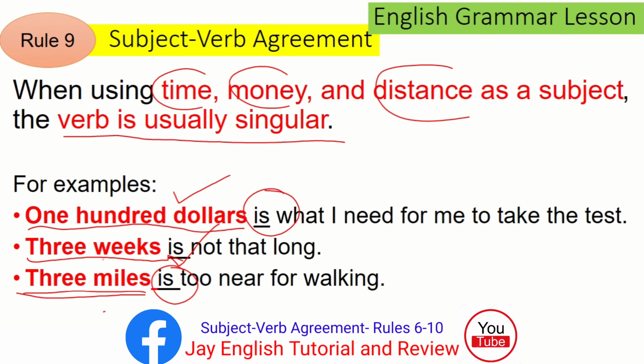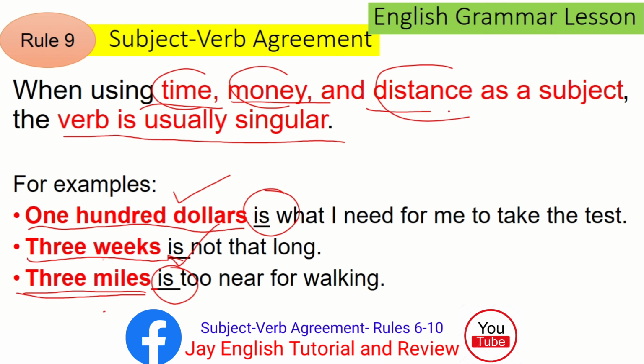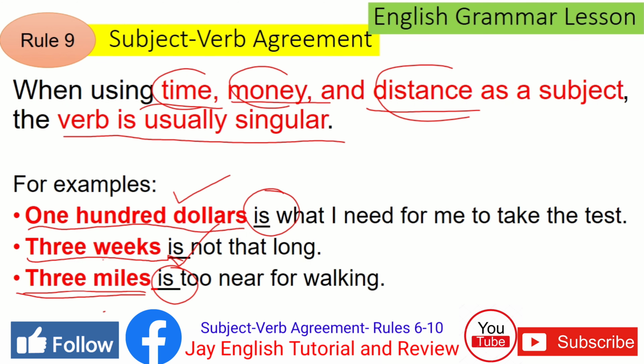Though they sound plural, you still have to use a singular verb, whatever verb you may be using, as long as it is singular. Time, money, and distance. So please don't be confused next time.